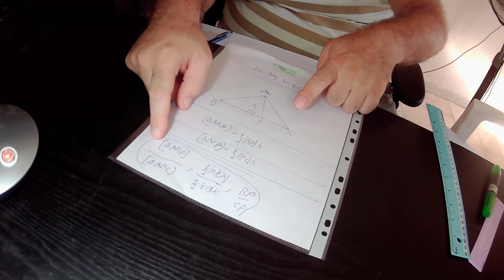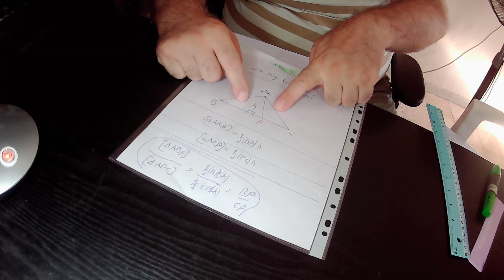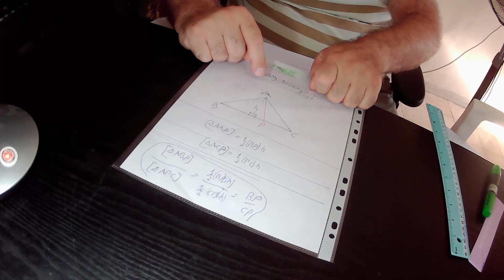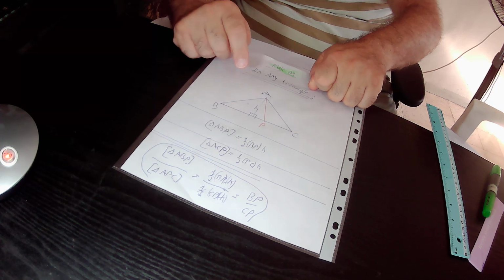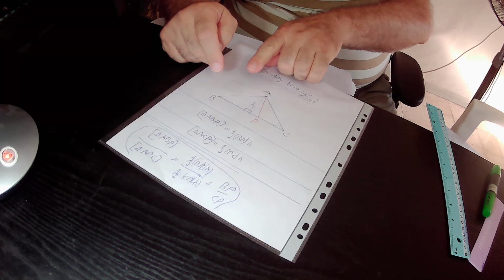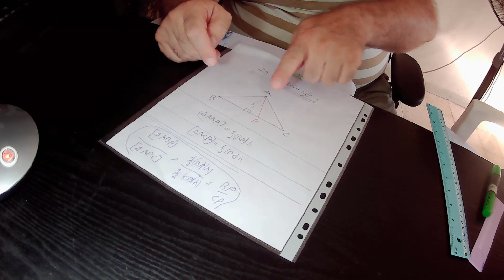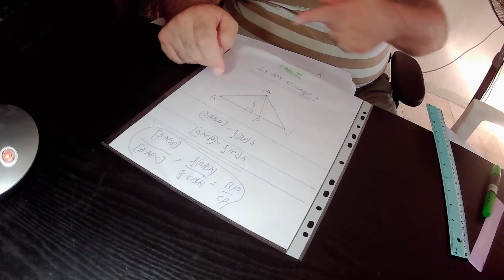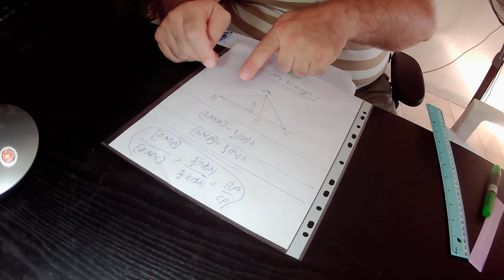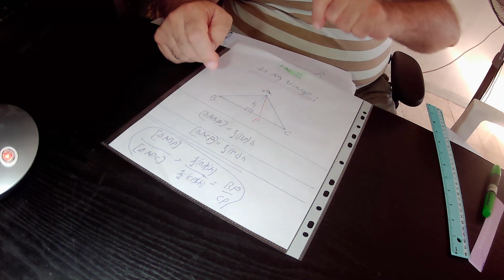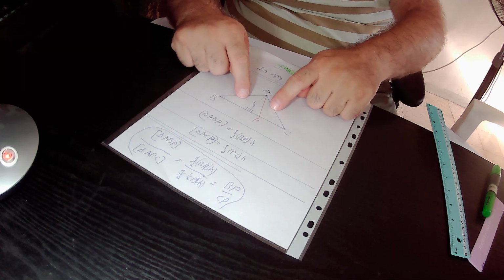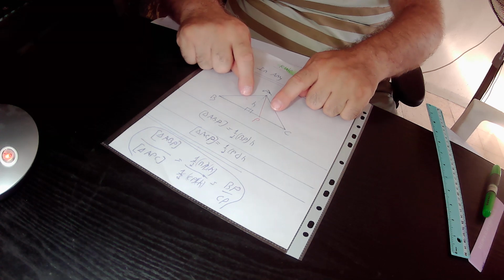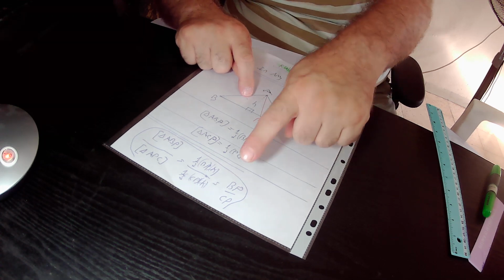This is the ratio between the areas of those two small triangles, and that ratio is equal to the ratio between their corresponding bases. The base of triangle ABP is BP, and the base of the small triangle APC is PC. And the ratio between their bases is, of course, BP over PC. So the area of triangle ABP over the area of triangle APC equals the ratio between their corresponding bases, that is BP over CP.